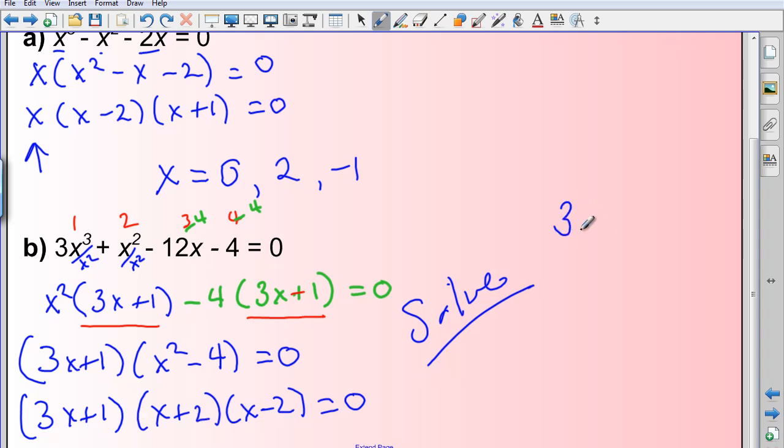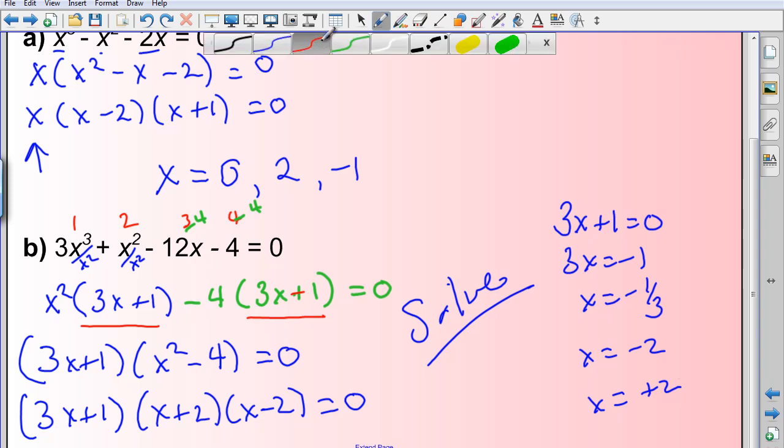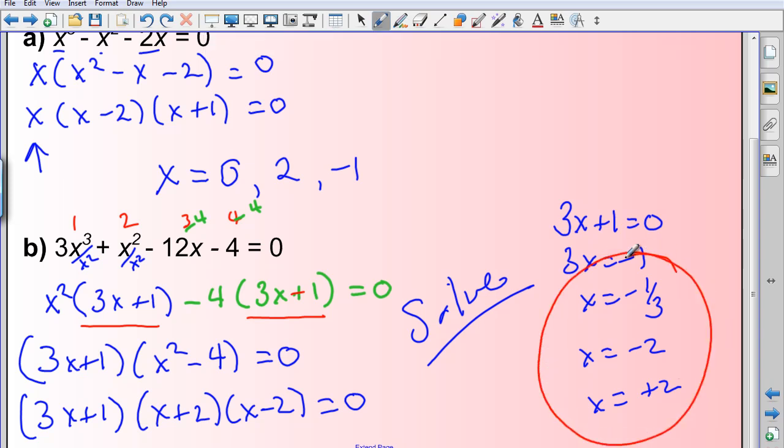So once again, 3x plus 1 is equal to 0, 3x is equal to negative 1, and finally x is equal to negative 1 over 3. The remaining two, x equals negative 2 and x equals positive 2, round out our final two solutions. So when we're looking at these three factors, the equation is solved by stating that x is equal to negative 1 over 3, negative 2, and positive 2.